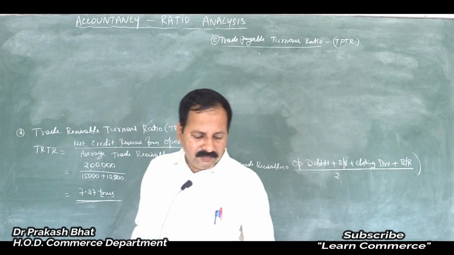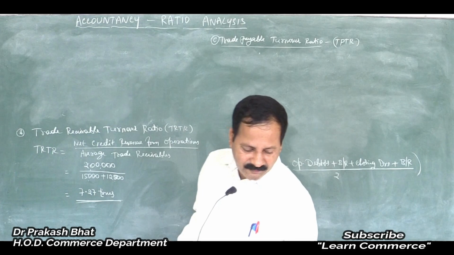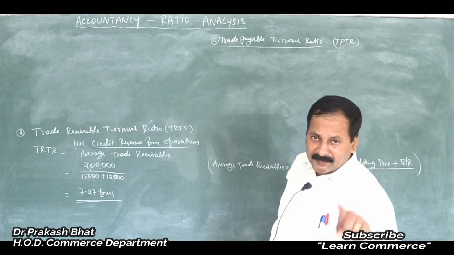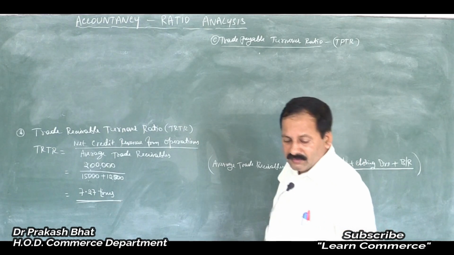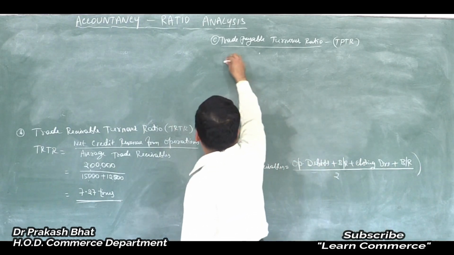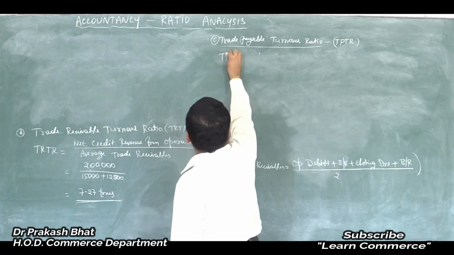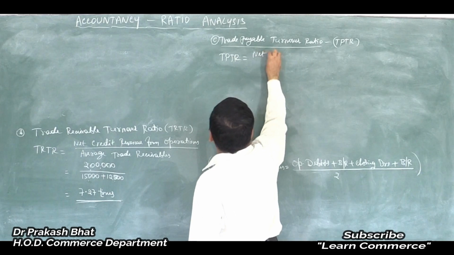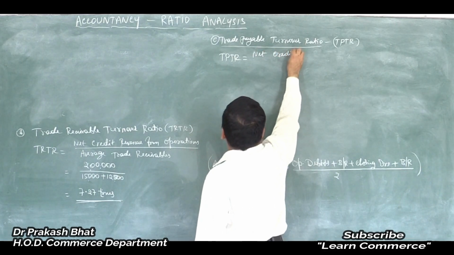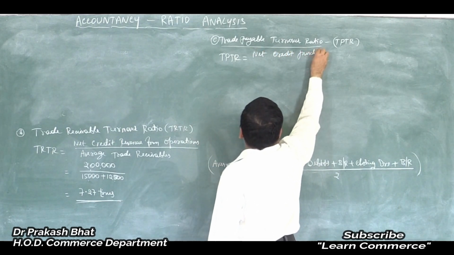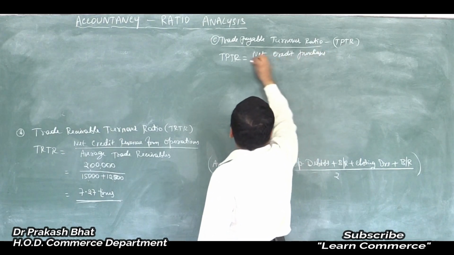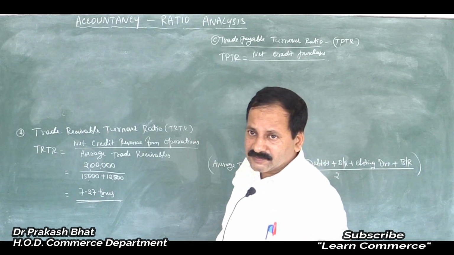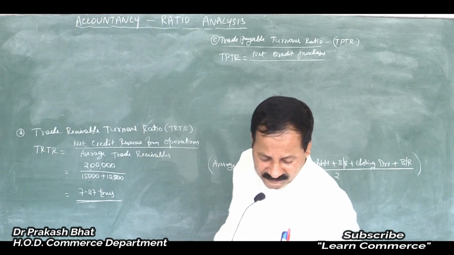Write the formula. Trade payable turnover ratio is equal to net credit purchases divided by average trade payables.